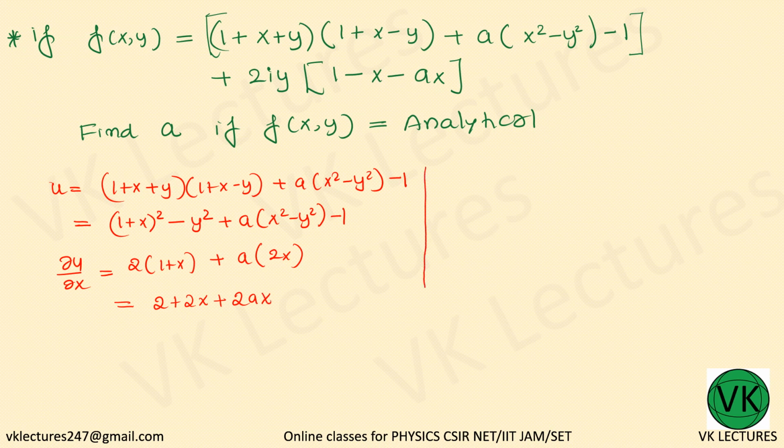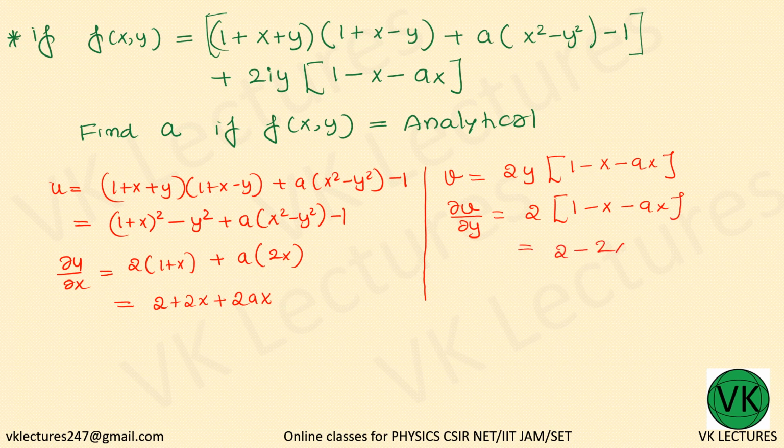On the other side we have v, which is equal to 2y into 1 minus x minus ax. So dou v by dou y, only one term is there, so 2 times 1 minus x minus ax, that's equal to 2 minus 2x minus 2ax.